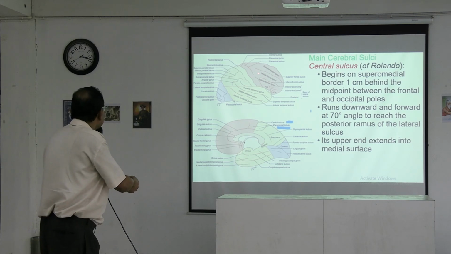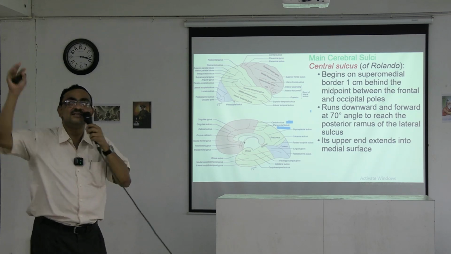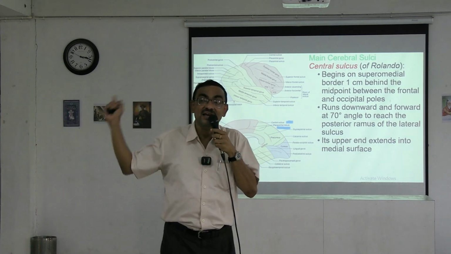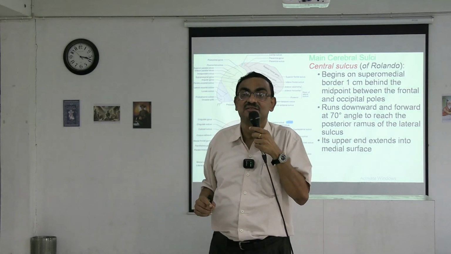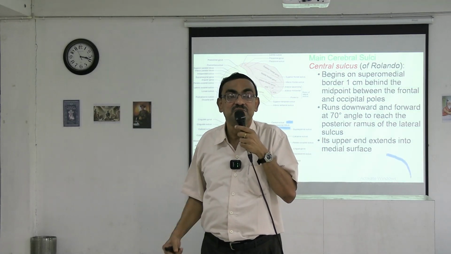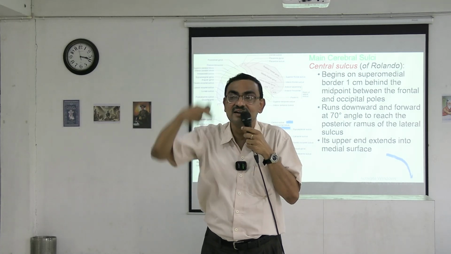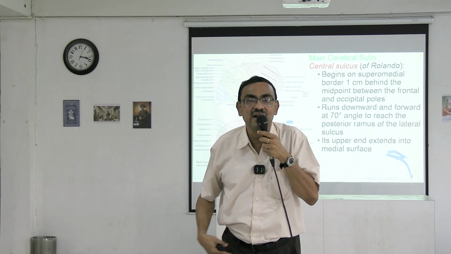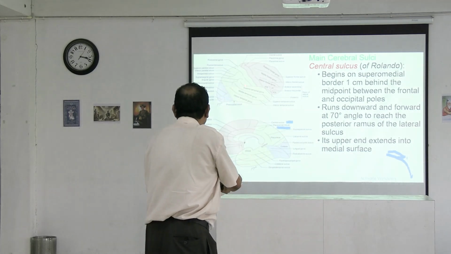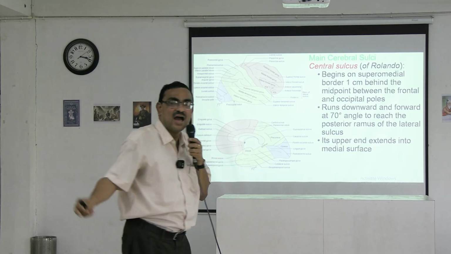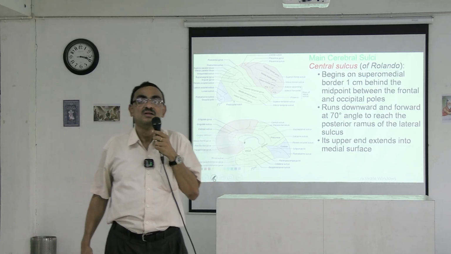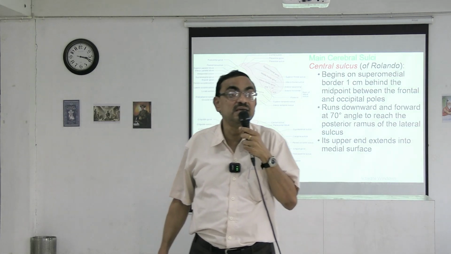That means the person's head is below and legs are in the upper part, and the lower limb and the perineum will touch the medial surface. I will show you a picture here, which is called the motor and sensory homunculus.